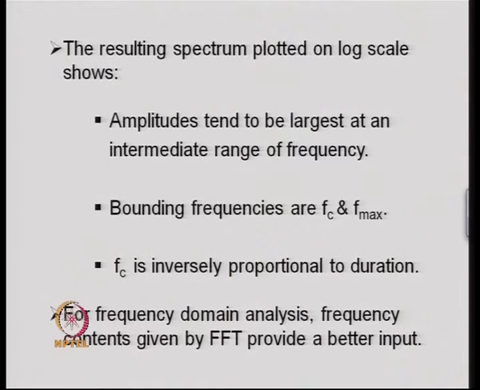The smooth plot of the spectrum in log scale shows three important quantities: the amplitudes tend to be largest at an intermediate range of frequency. Then there are some bounding frequencies which are called Fc and Fmax, and Fc is found to be inversely proportional to the duration.